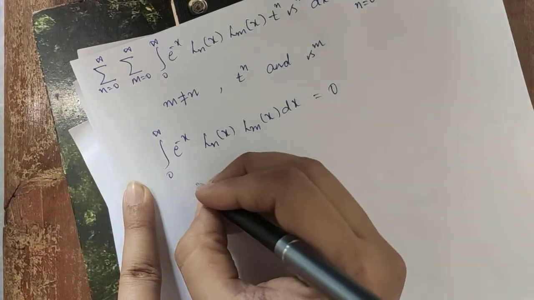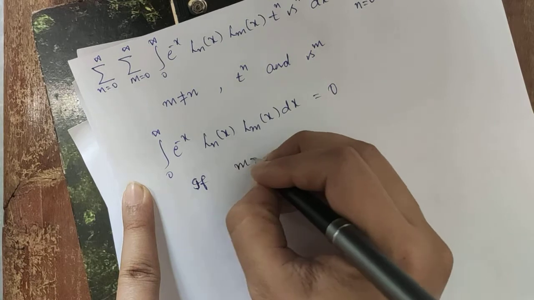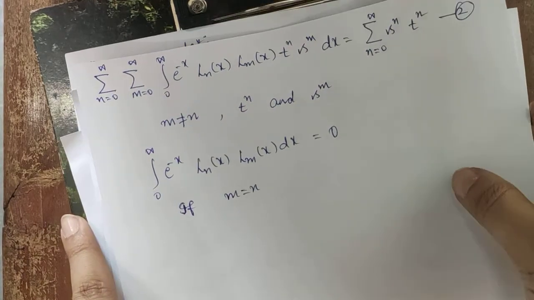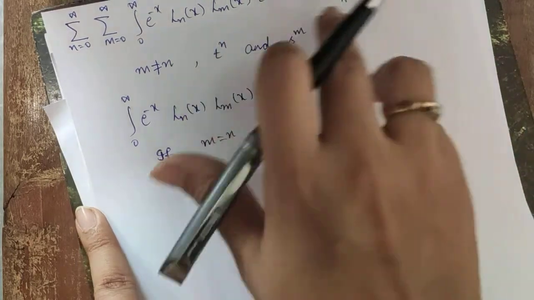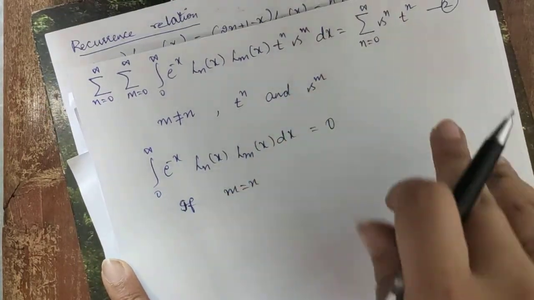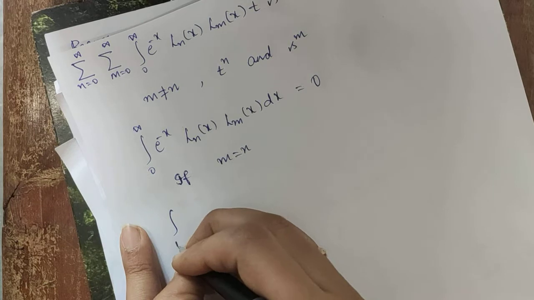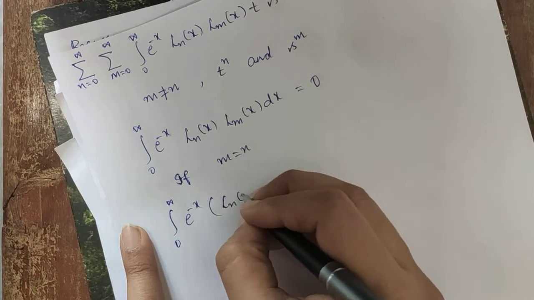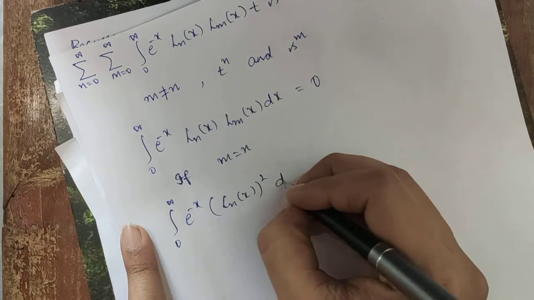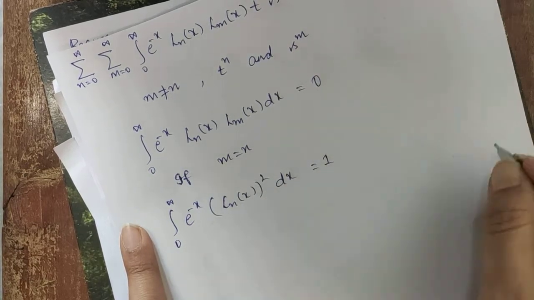Right. So if m is equal to n, that means if we equate the coefficient of t power n and s power n on both sides of your equation number 2, you will get integral 0 to infinity e power minus x into Ln of x whole square into dx is equal to 1.